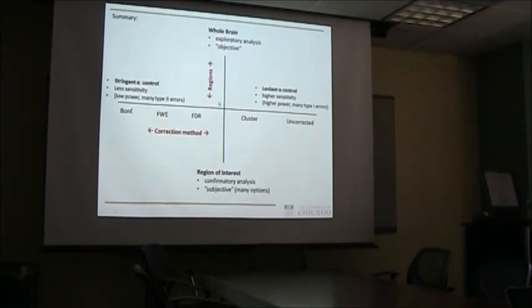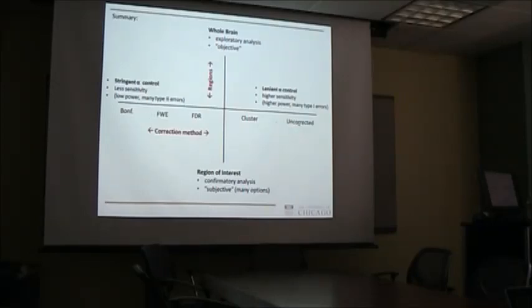I always think of it in a two-dimensional space. You can be really stringent on your alpha control, your type 1 error, then you would use Bonferroni, probably too strict, but you could do that. You're less sensitive, meaning low power and many type 2 errors. Quite often you would not find something active while it actually is.